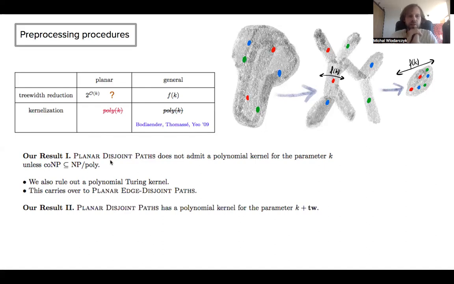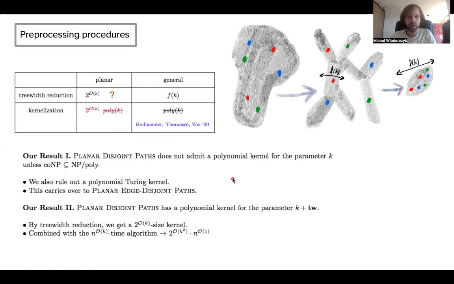Our second result says that planar disjoint paths does admit a kernel, but for the parameter k plus treewidth of the input graph. And this has a few interesting consequences. First of all, we know that treewidth can be reduced to single exponential, and then when we plug it in here, we get a single exponential kernel for the problem.